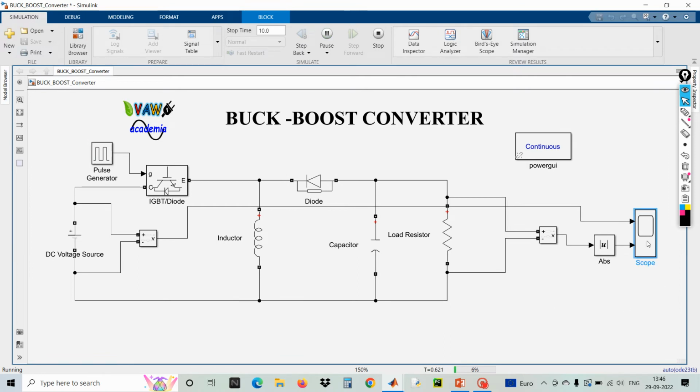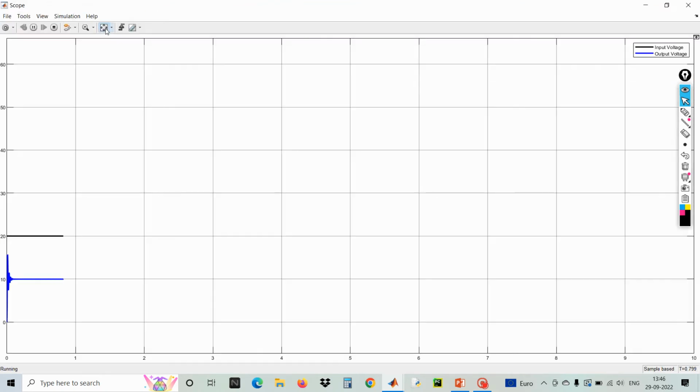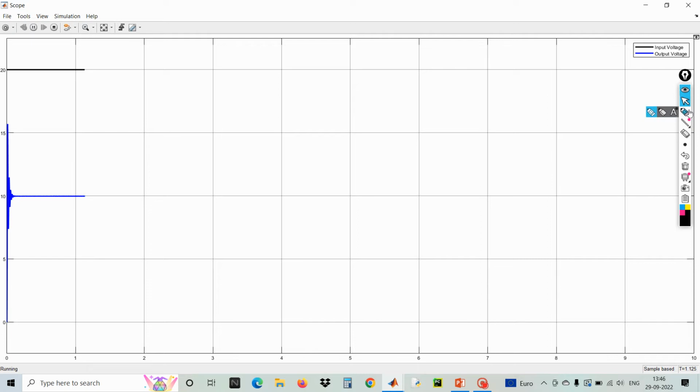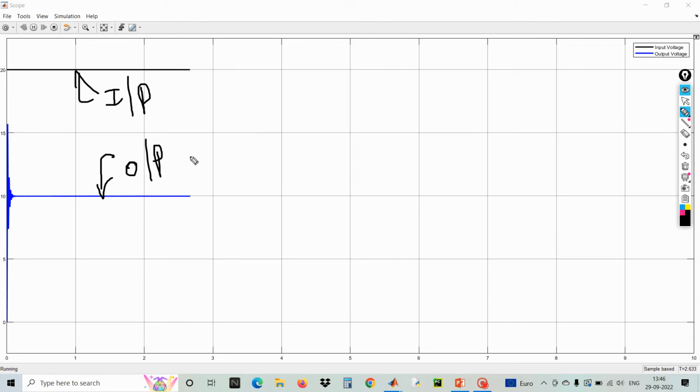If you look at the output, the black one is your input, whereas the blue one is your output. So now the duty value is actually 35%. It's working in buck mode. Output voltage is lesser than the input voltage.